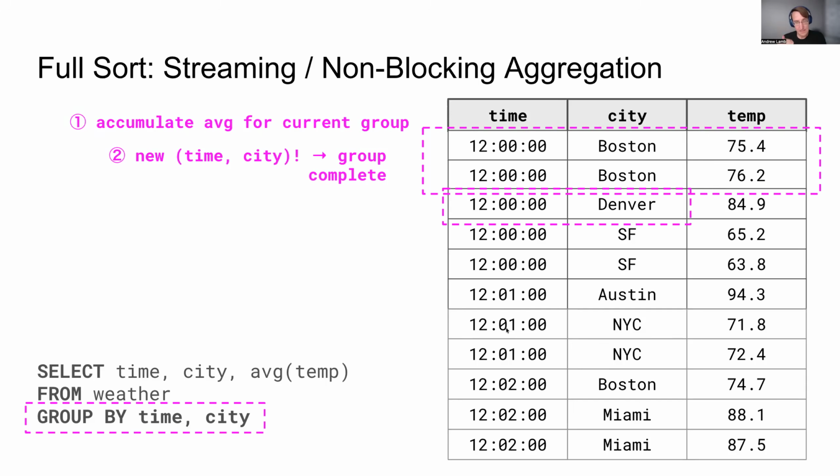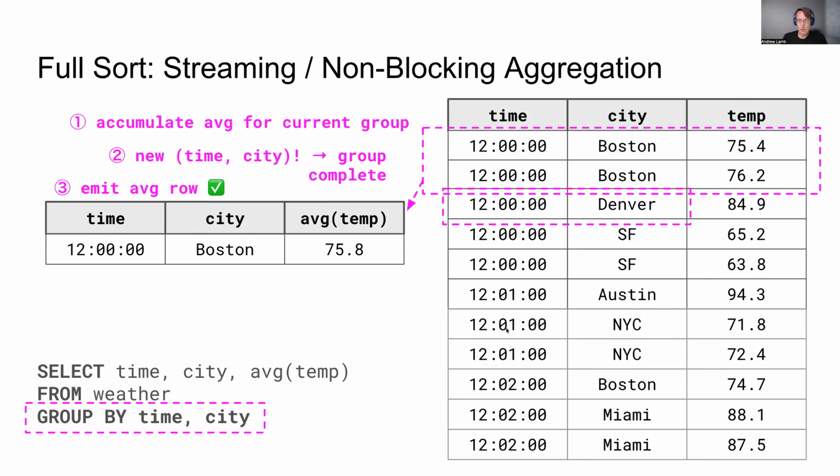Because it knows the data is in sorted order, it's never going to see rows with 12 o'clock in Boston again. So it emits the current average and resets the state, then carries on scanning the rest of the data. For some systems, especially streaming ones, or ones trying not to buffer all the groups in RAM, this can be very effective.